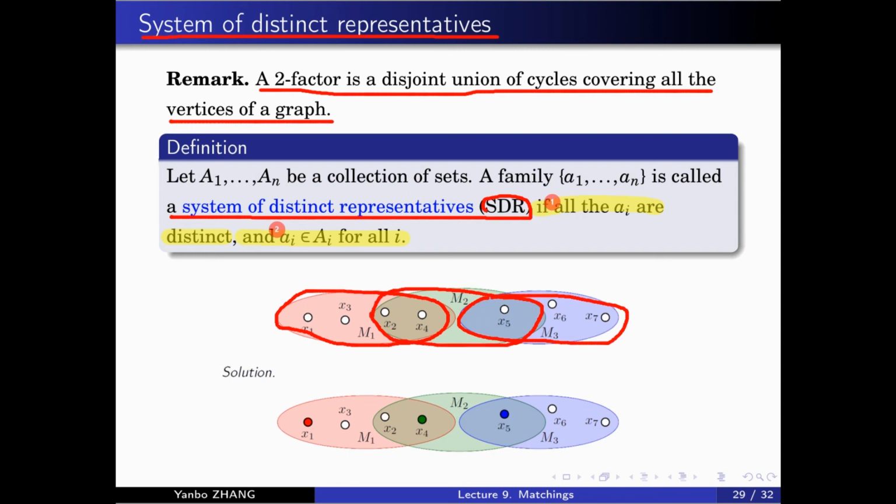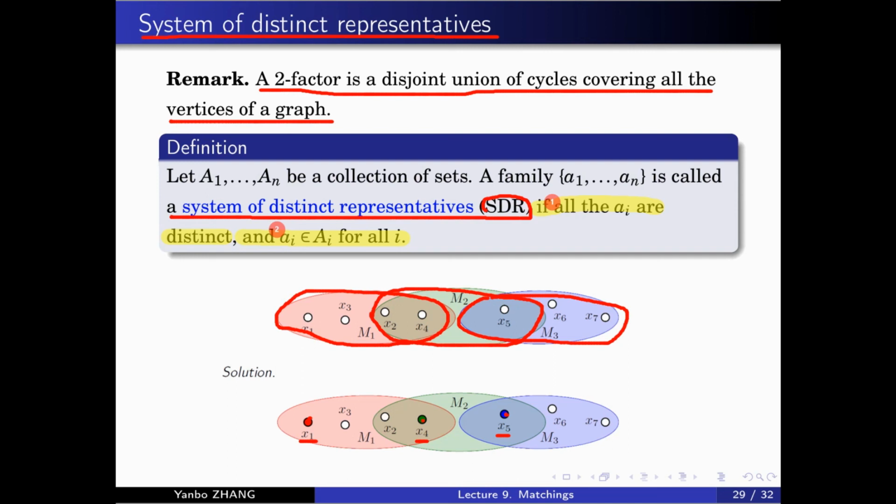We can use X1, X4, and X5 as an SDR of M1, M2, M3 because X1, X4, X5 are distinct and X1 is in M1, X4 is in M2, and X5 is in M3. So this is an SDR.